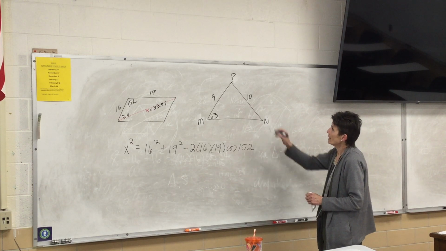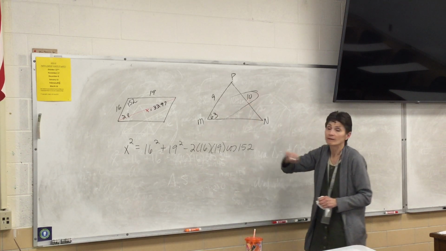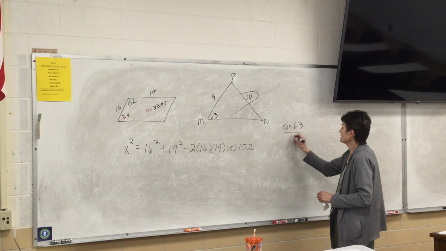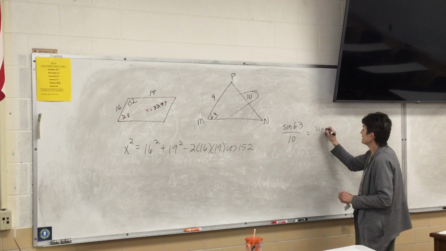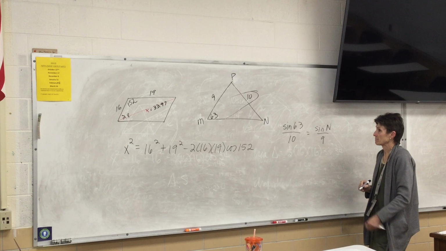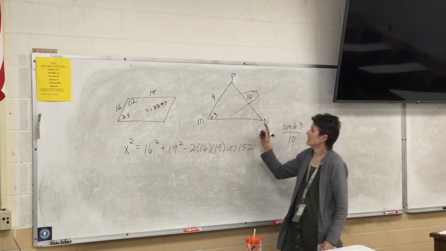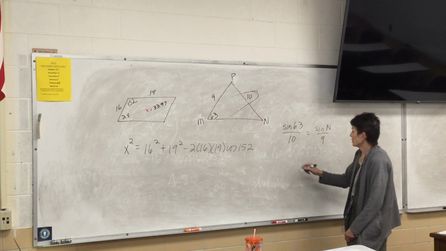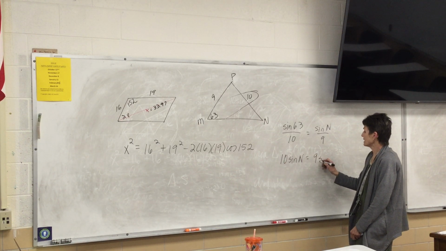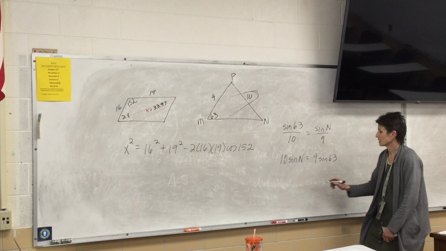Well, let's go ahead and set up our law of sines. So sine 63 over 10 equals sine n over 9. Cross multiplying, 10 sine n equals 9 sine 63.